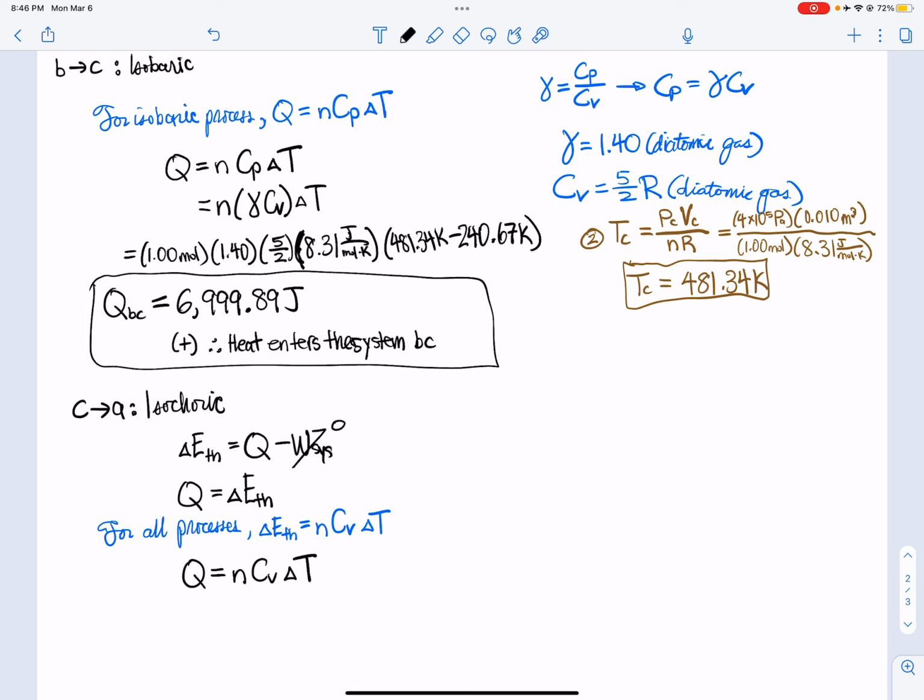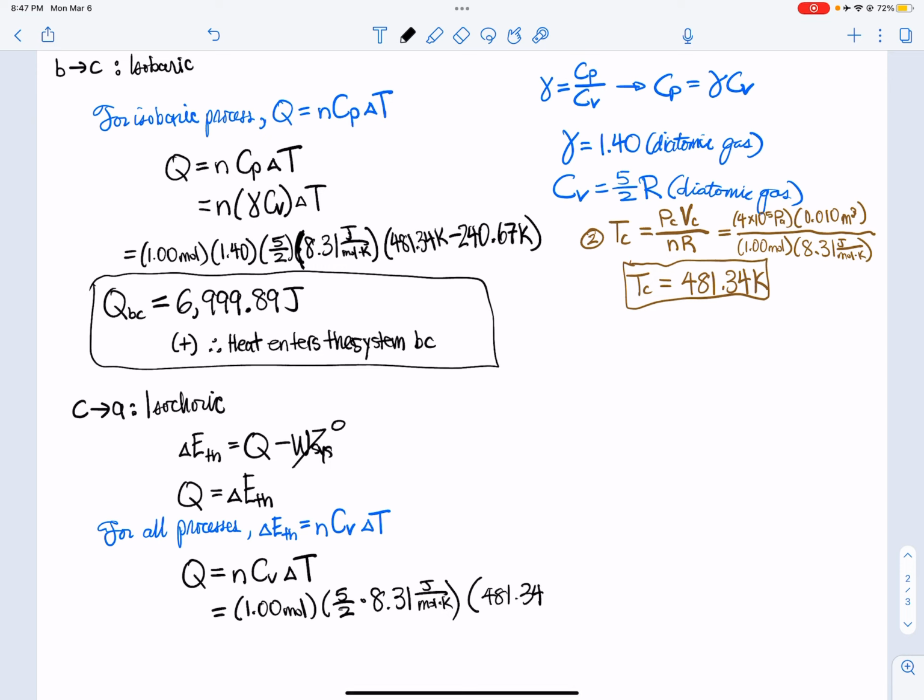So now I know my delta T, I know my temperature at C, my temperature at A, I know the value for C_V for a diatomic gas, right? So n, that's 1 mole, times C_V, which is 5 over 2 R. So 5 over 2 times 8.31 joules per mole Kelvin, times delta T, which is the temperature at C, 481.34 Kelvin.